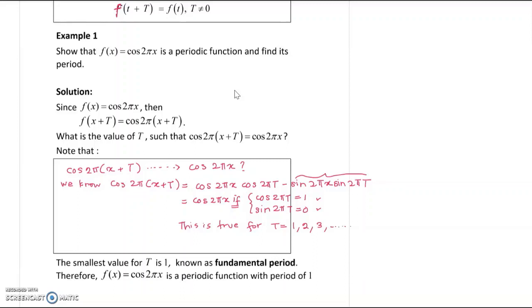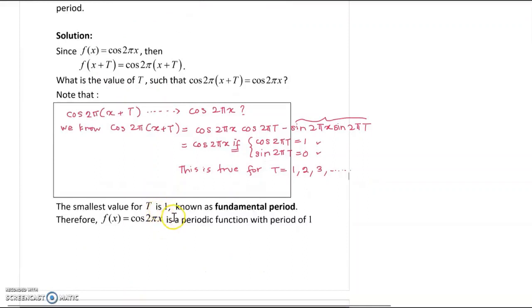All right, but the period is determined by the smallest value of t. The smallest value of t, as you can see here, is 1, which is known as the fundamental period.